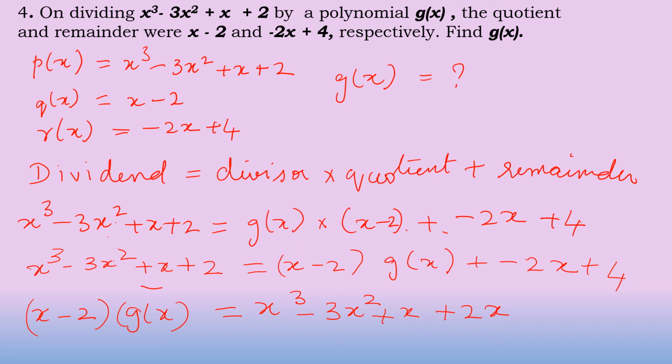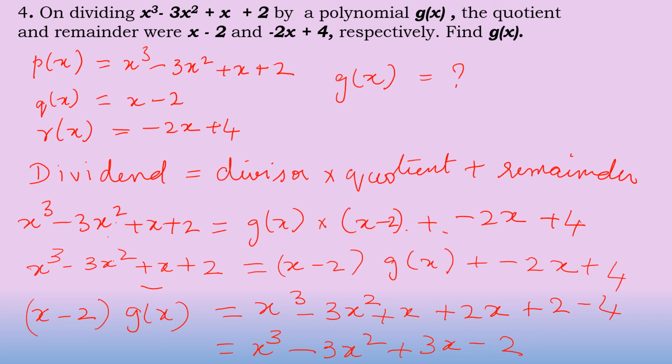We take this minus 2x to this side, so plus 2x, and plus 4 is also taken to the other side. So you get x cube minus 3x square plus 3x minus 2. So how do you find g of x now? We find g of x by dividing x cube minus 3x square plus 3x minus 2 by x minus 2.